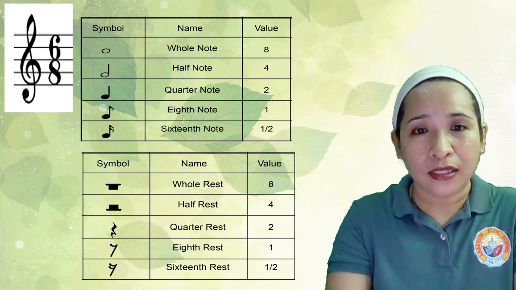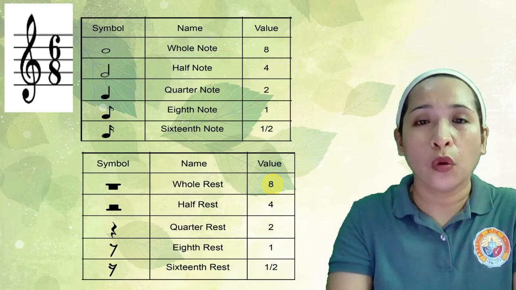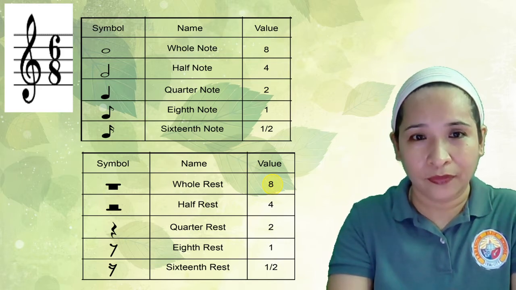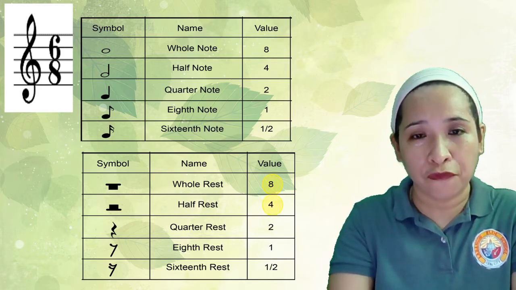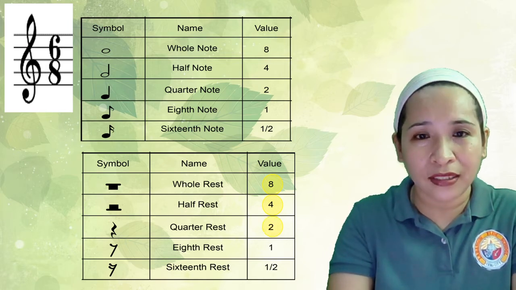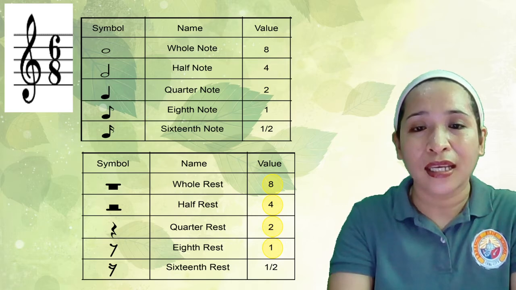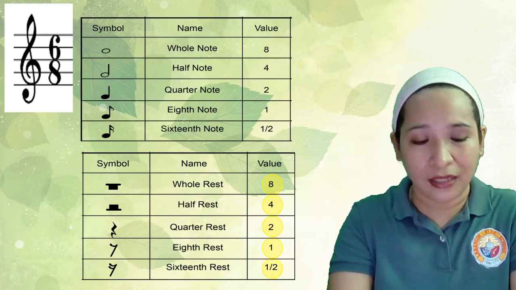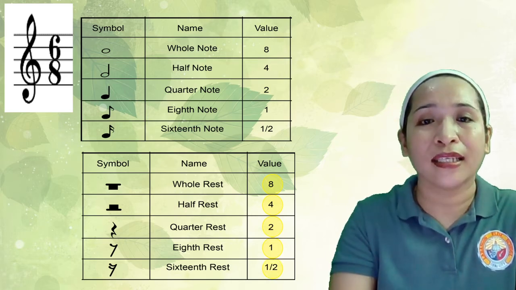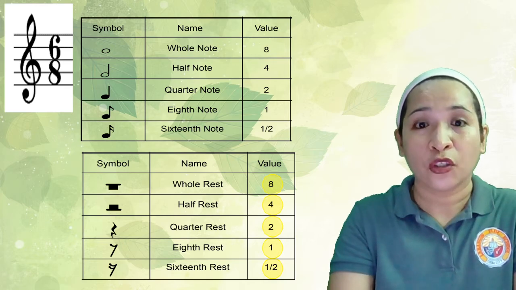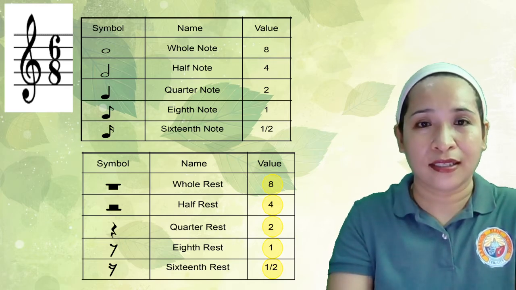For the rests, it's also true. Whole rest is equal to 8, half rest is equal to 4, quarter rest is equal to 2, eighth rest is equal to 1, and 16th rest is equal to 1 half. So that's it.